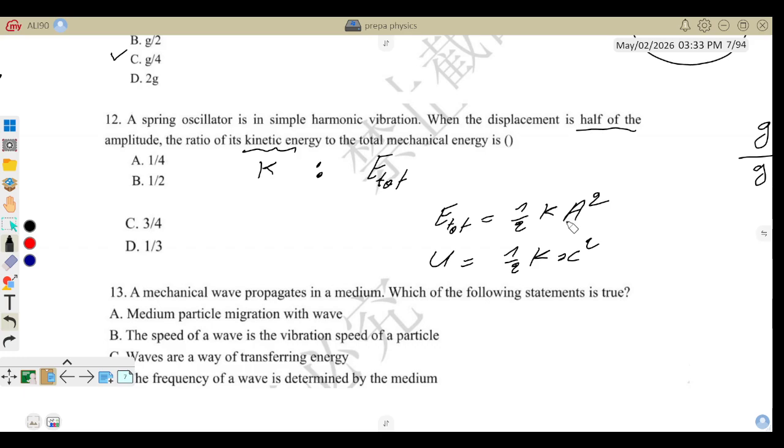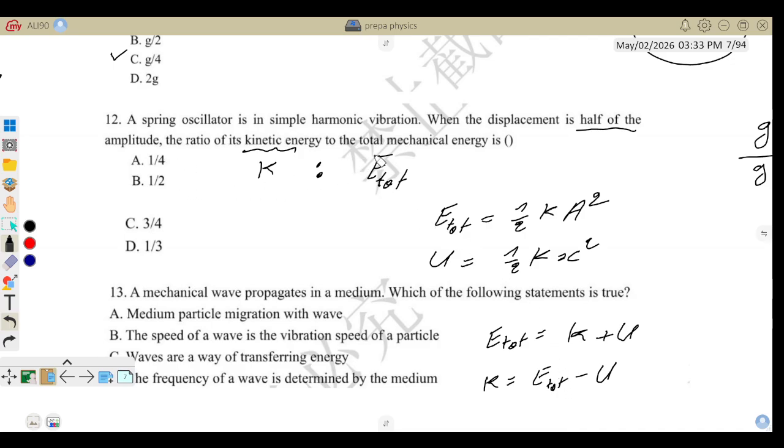This is general, where x is the displacement. And we all know that the E total is the sum of the kinetic energy plus the potential energy. So if we are looking for the kinetic energy, it's going to be the total energy minus the potential one.